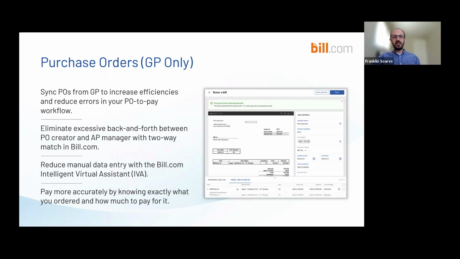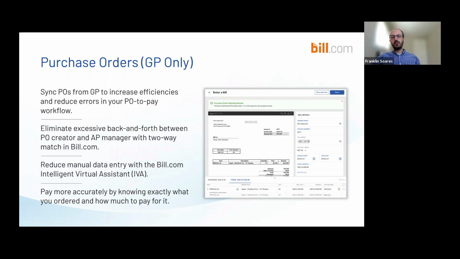And that way you can see that the purchase order might have 10 items of this particular thing. And is the invoice matching that? And then you can actually put in a quantity of the bill to make sure it matches or not. So this way it avoids having to go back and forth between systems to see if it matches, or essentially contact different people to get that information.